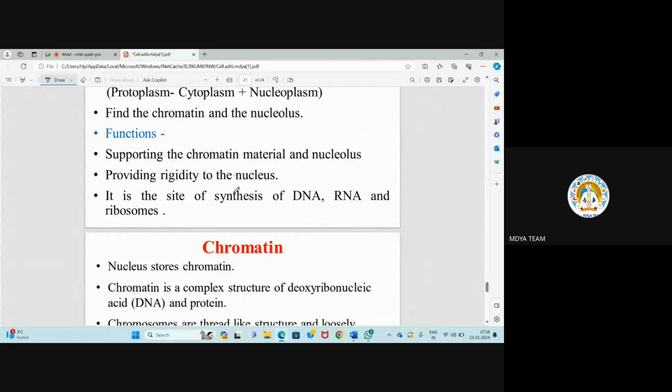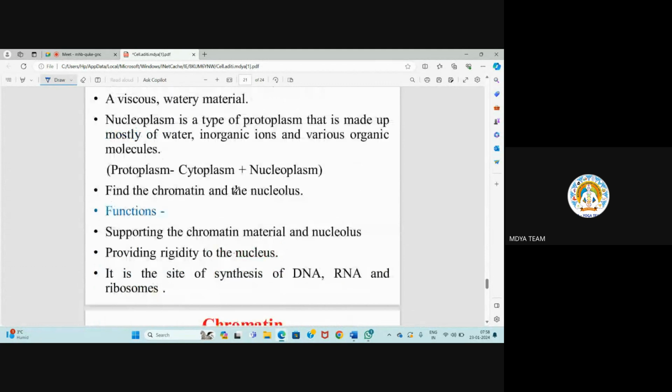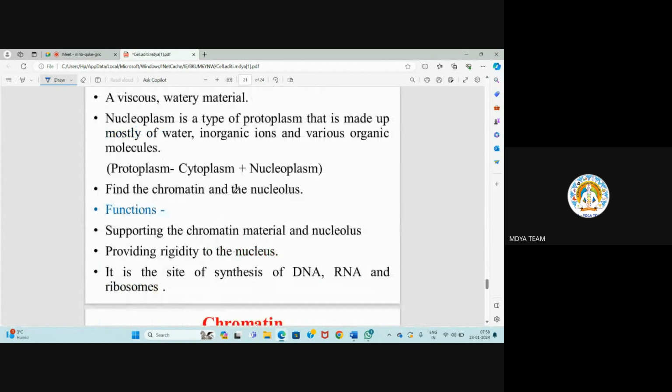It is the site of synthesis of DNA, RNA and ribosomes. So this is the main function. Nucleoplasm is the site for synthesis of DNA, RNA and ribosomes.